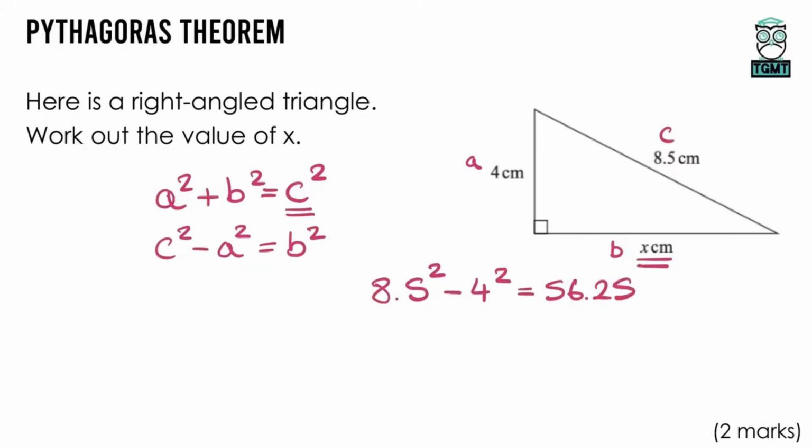Now clearly that side cannot be 56.25, so this should trigger your memory to remember at this point here you need to square root that answer in order to get to the length that we are looking for. So you just need to type it in. You can use your answer button to speed up a bit of time, but you will get the answer 7.5. That's 7.5 centimetres. Centimetres was already given to you next to the x, so all we would need to say is 7.5 for the value of x. And there we go, that's using Pythagoras' theorem.